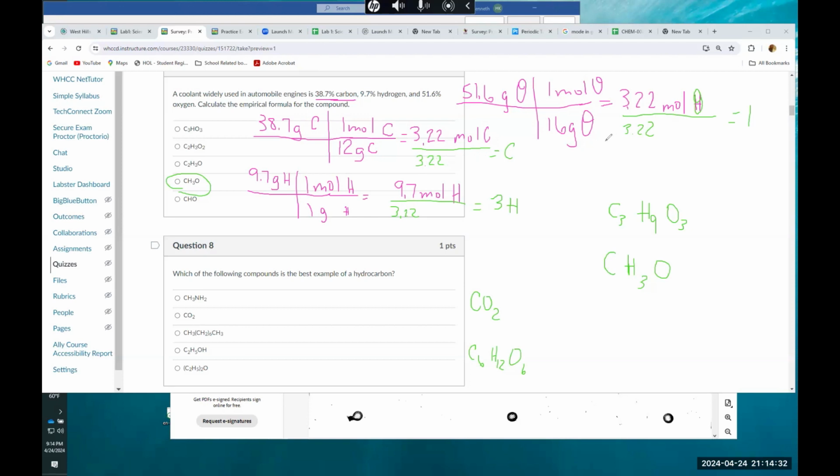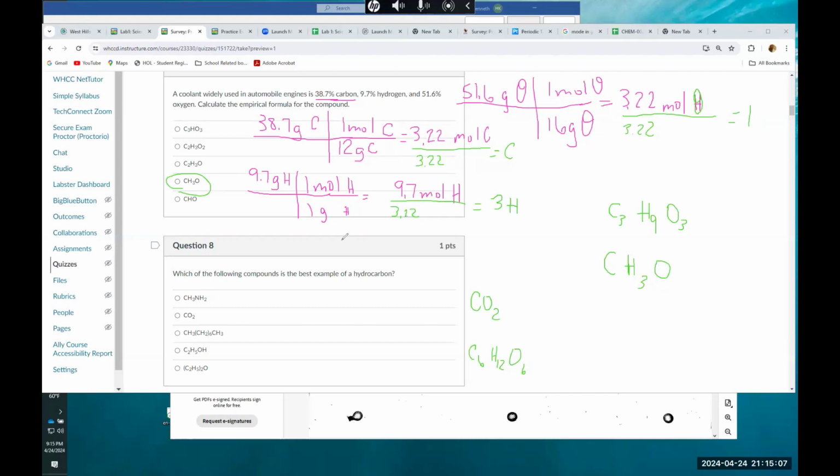But we want it in whole numbers, because when we talk about the quantity of these guys, we know that they have to be whole numbers, because you can't have a half of a carbon atom, or a third of a hydrogen atom. You know what I'm saying? So instead of a 3, because we know that it's divisible by 3, we do a 3.22, because that's the smallest one that we have, right? You always want to divide it by the smallest one.